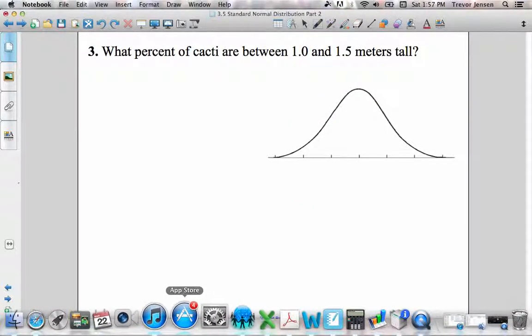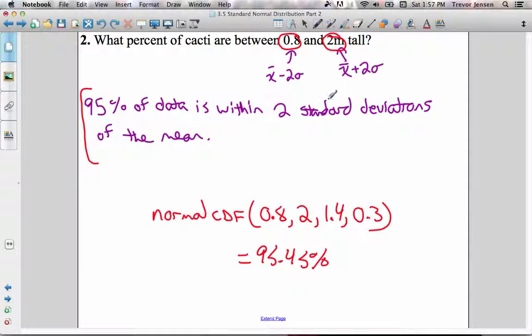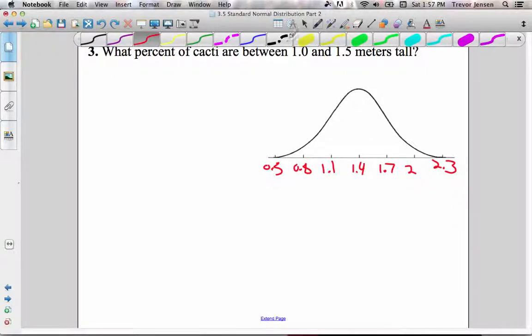Good. Okay. Another example. What percent of cacti are between 1 and 1.5 meters tall? So once again, our mean is in the middle. Standard deviation is 0.3. And what percent are between 1 and 1.5 meters tall?